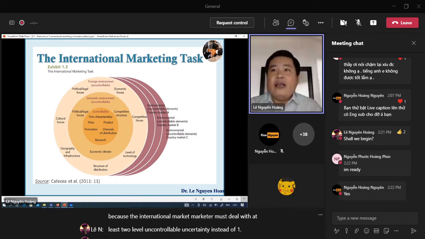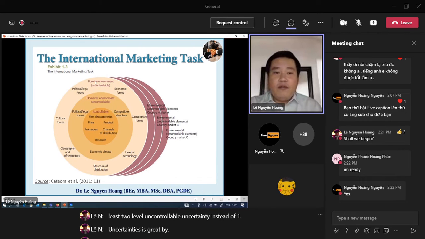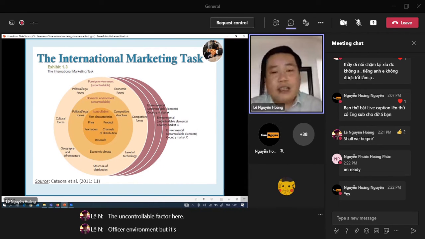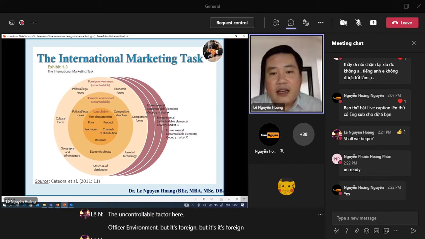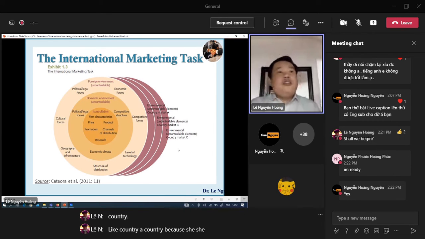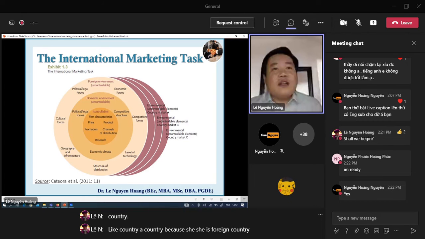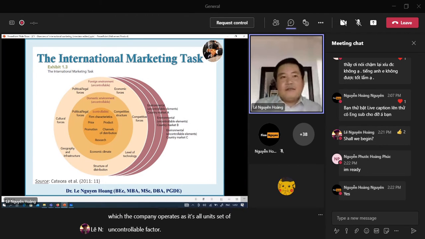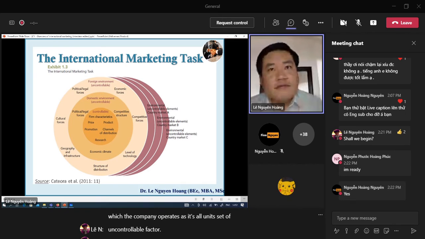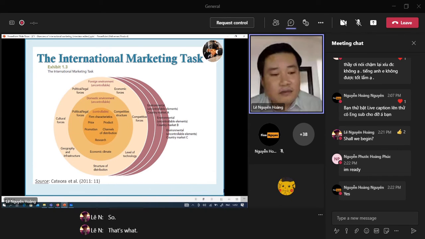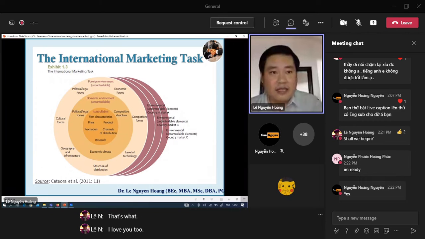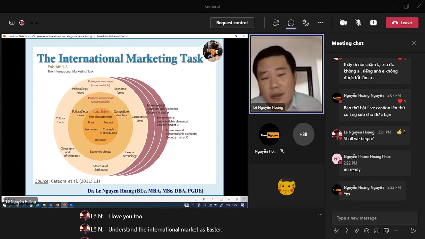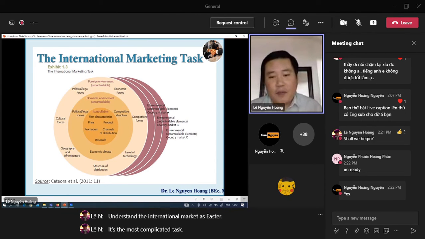Uncertainty is created by the uncontrollable factors of the home environment, but also the foreign environment, like country A, country B, country C. Each foreign country in which a company operates has its own unique set of uncontrollable factors. So that's what I want you to understand. The international marketing task is the most complicated task in marketing.